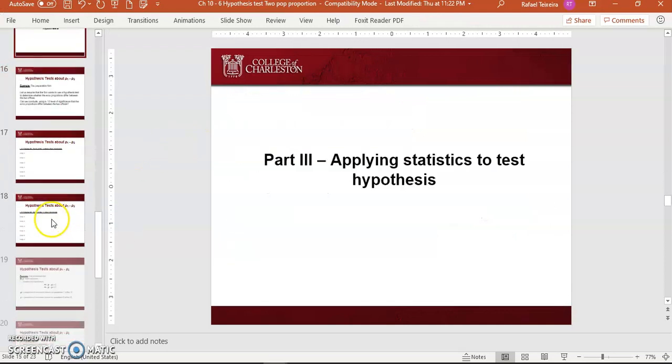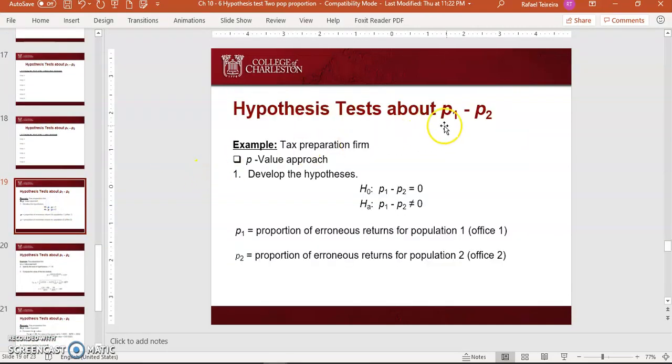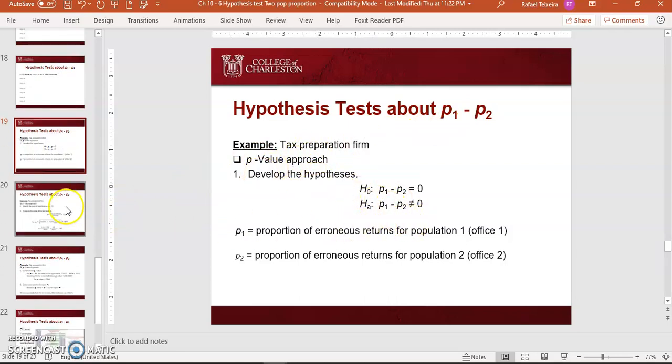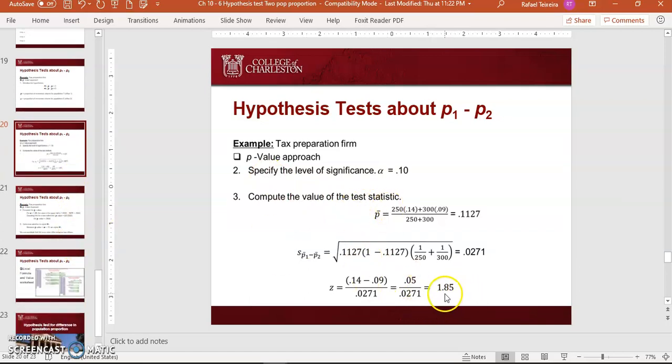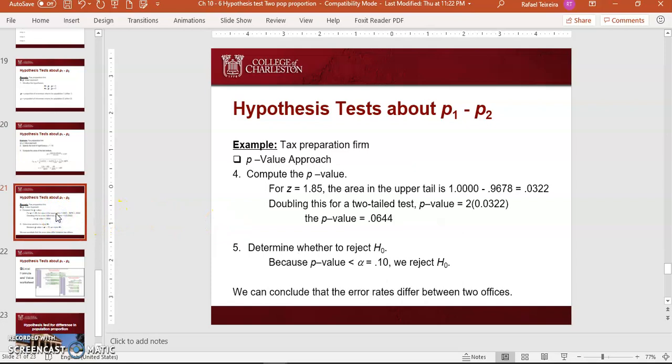The p-value approach is here on the slides. Develop the hypothesis, specify the level of significance, and then the third step is to compute the value of the test statistic. We did 1.85. Now I have to find the p-value associated with this z value.